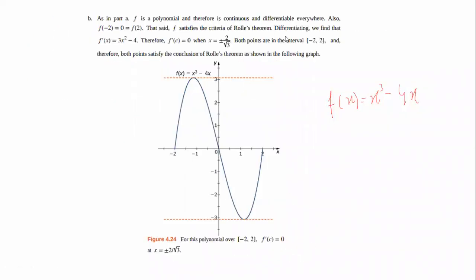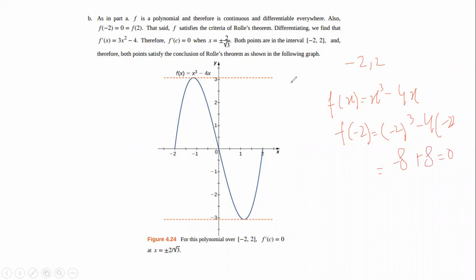So this is my function value. I have to put my both intervals, my interval is -2 and 2. When putting f of function value -2, so it will be -2 cube minus 4 of -2. So -2 cube will be 8 minus 8 plus 8, which will be equals to 0.